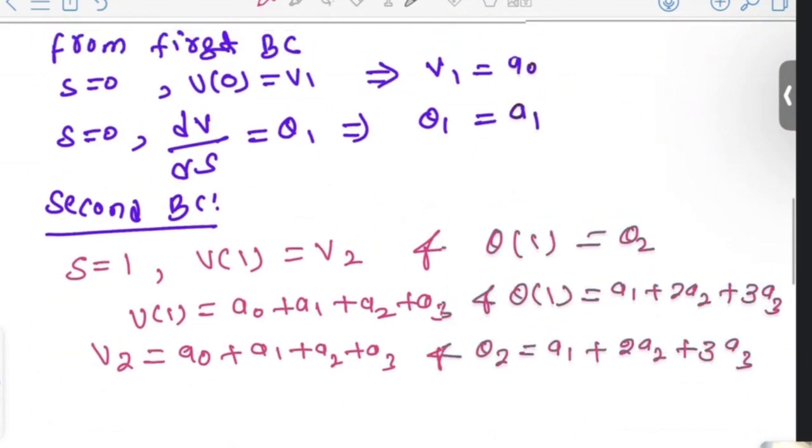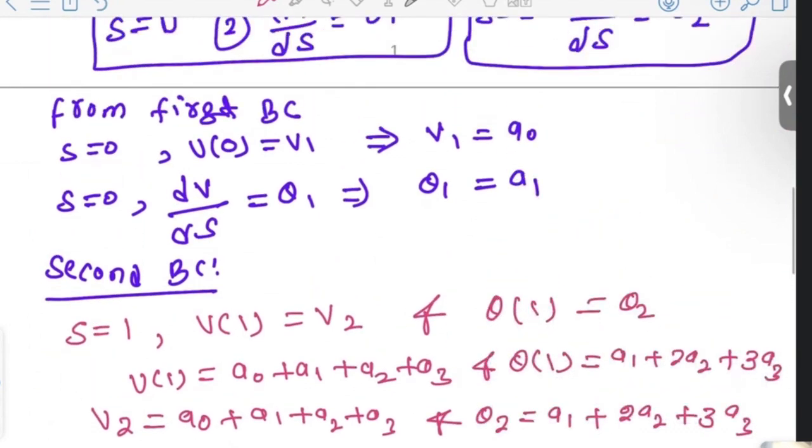Now from here, in place of A naught we can put B1. So it will become B2 equal to B1 plus, and in place of A1 we can put theta 1.